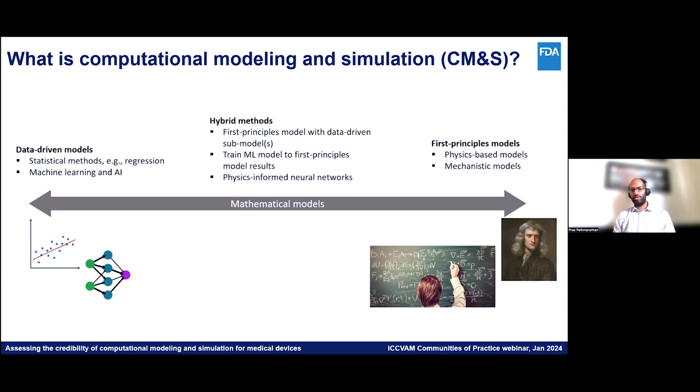Alternatively, what can happen in regulatory submissions to FDA is that manufacturers develop a first principles computational model and then develop a machine learning algorithm that basically solves that system quickly, trained to the first principle results. So what we mean by computational modeling and simulation in the context of this guidance is the first principles-based models, either the standalone ones or the first principle part of the hybrid methods. I'm not going to talk about data-driven models, and the data-driven models are out of scope of this guidance.